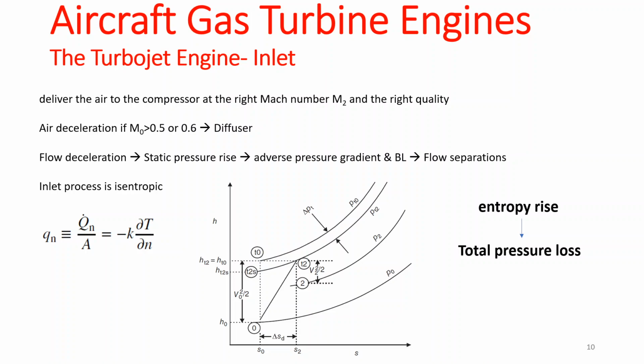This entropy rise means that we are going to encounter some total pressure loss, right? And we can find the total pressure ratio using the variation of the Gibbs law as a function of the entropy rise.